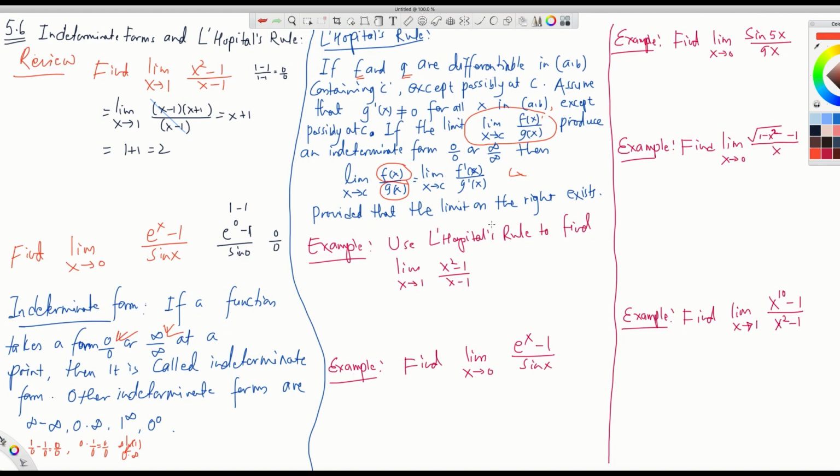If you get a finite number, that is the limit. If you get an indeterminate form again, then you have to continue. The things will get clear once we do the example.